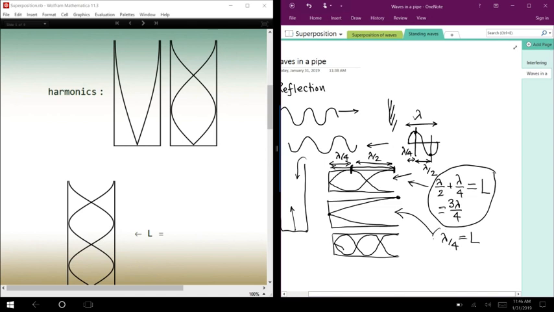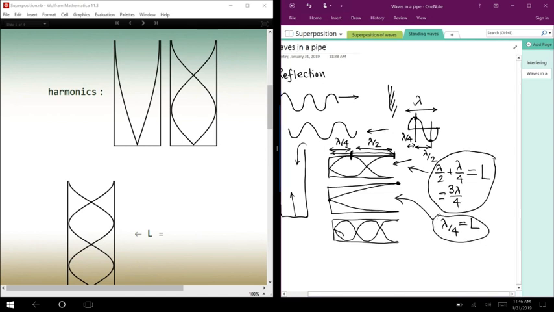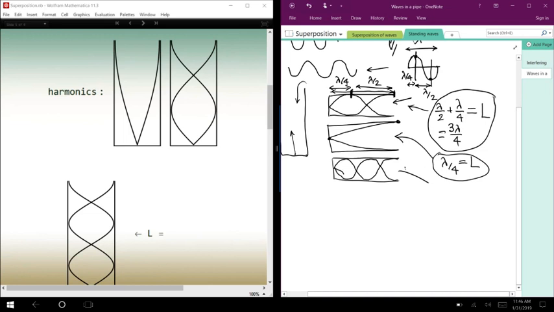Okay, so that's for the second scenario. This third scenario looks like each of these is a fourth of a wavelength. So fourth of a wavelength, fourth of a wavelength, etc. And if we keep going, then we have 1, 2, 3, 4, 5. So this is 5 lambda over 4 equal to L, right?